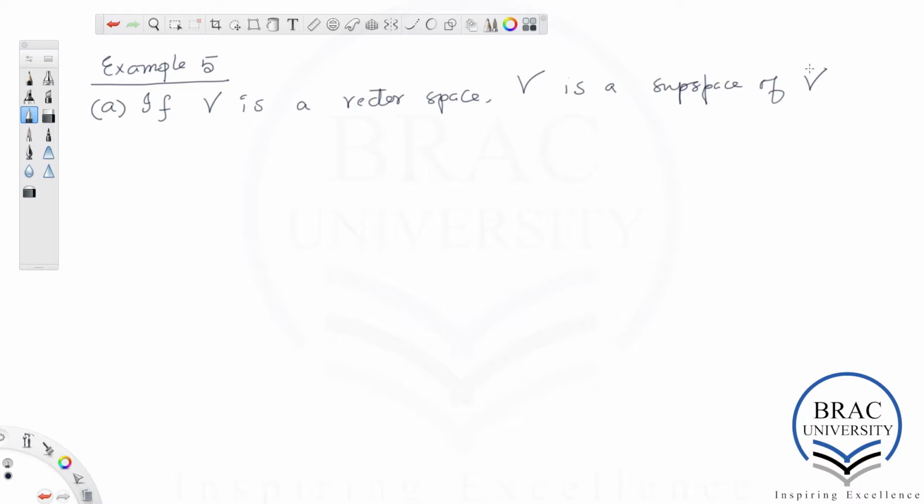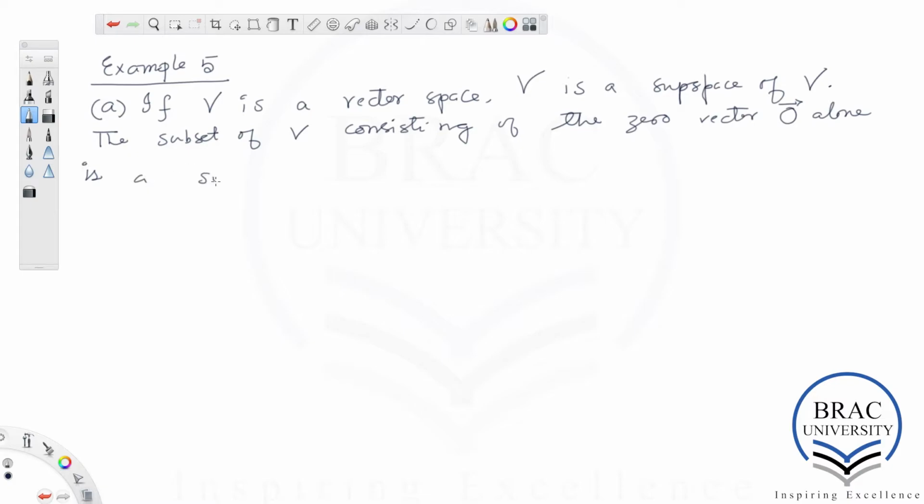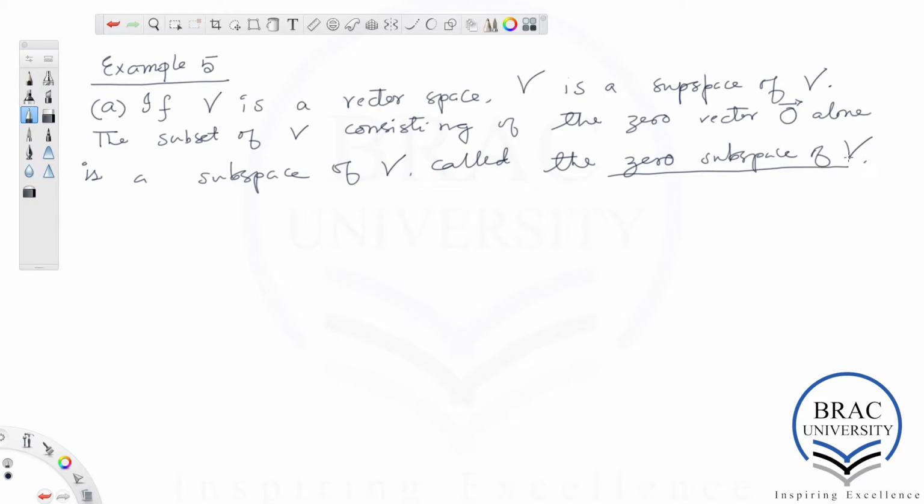The subset of V consisting of the zero vector alone is also a subspace of V, called the zero subspace of V. One can easily check this.